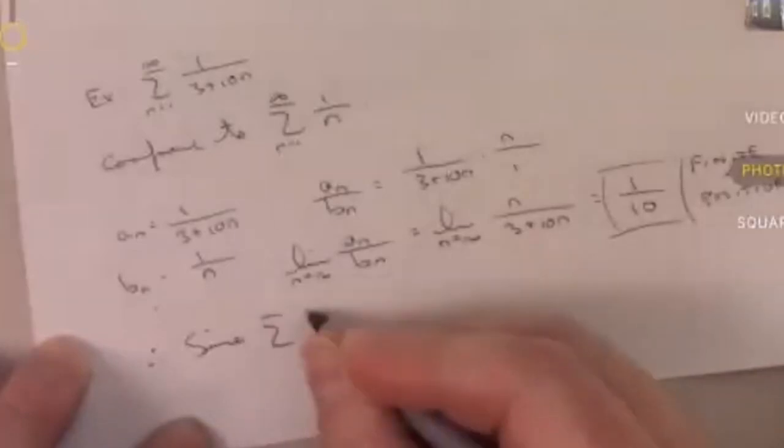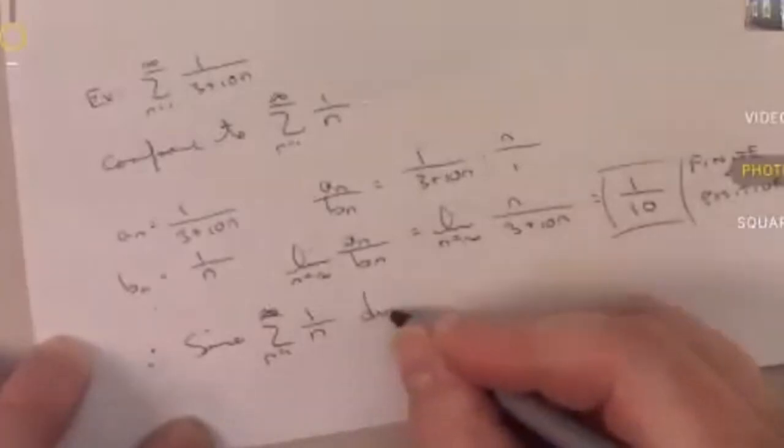And so with this example down here, since I know that my 1 over n series diverges, so does my 1 over 3 plus 10n series.